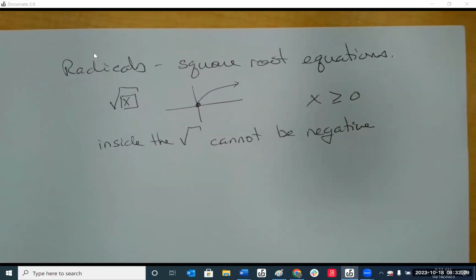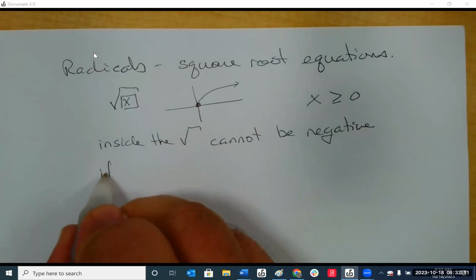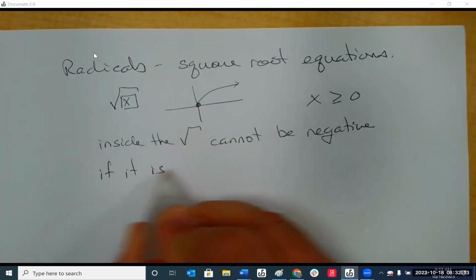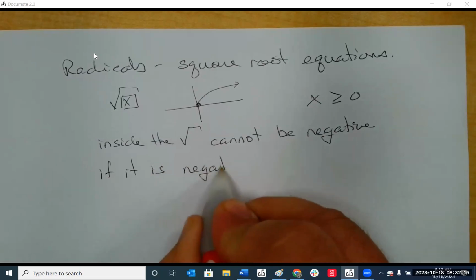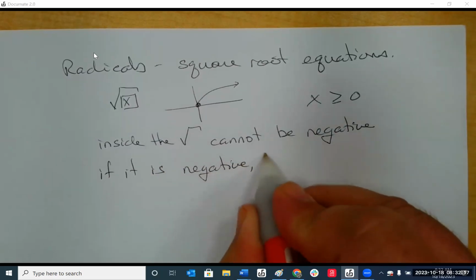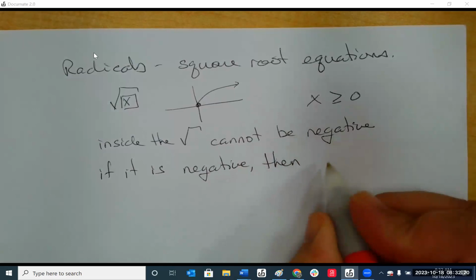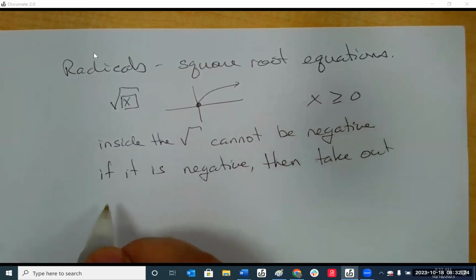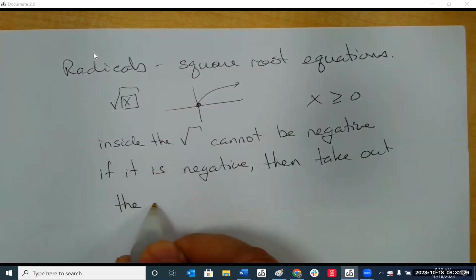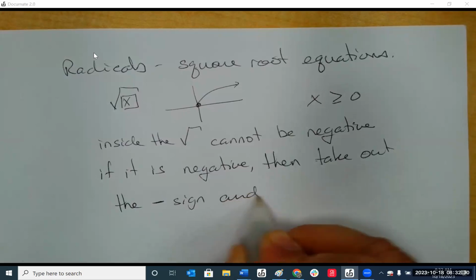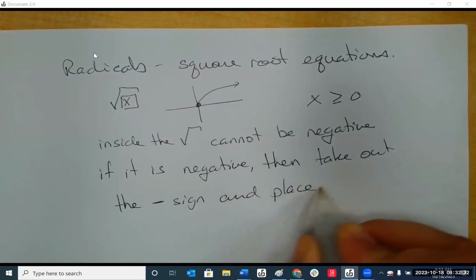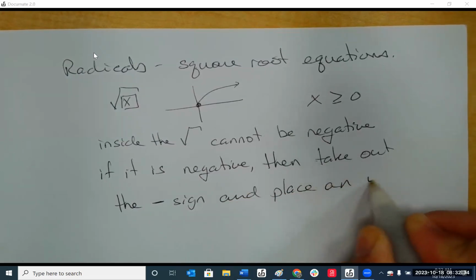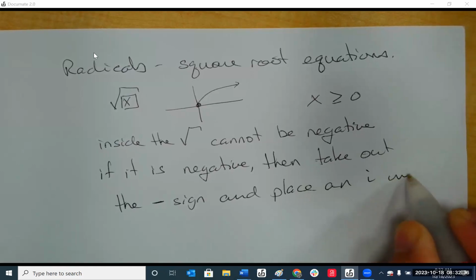If it is negative, then take out the negative sign and place an i in front.